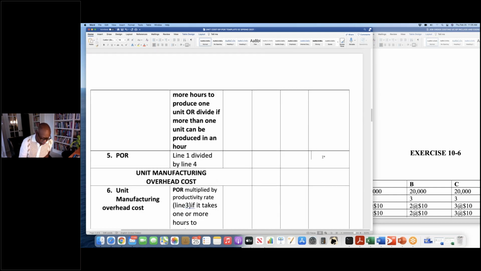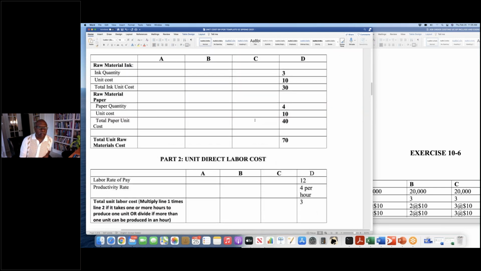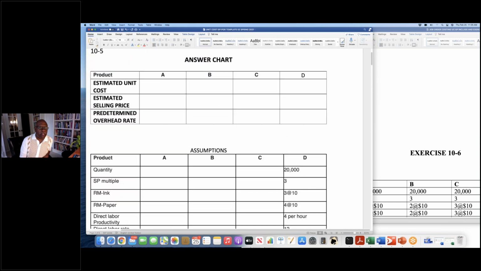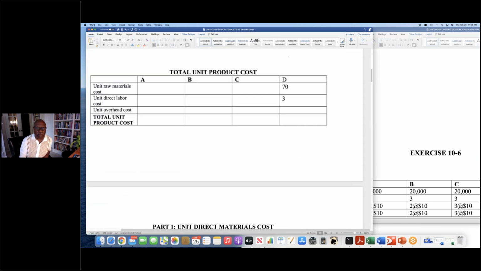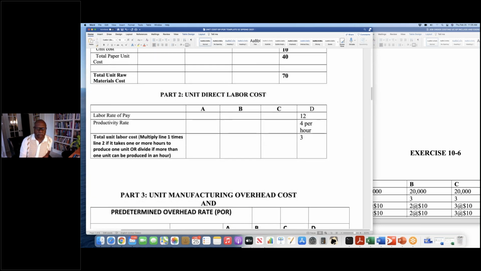Mine said 32. So we got the POR. So I'm going to go up here to my answer sheet, because that's one of the things I'm supposed to put in here. POR 32.